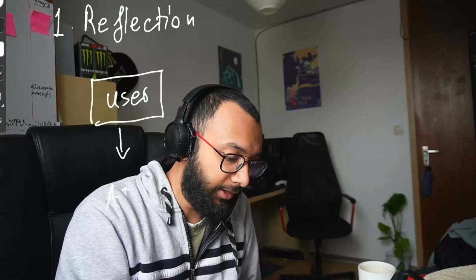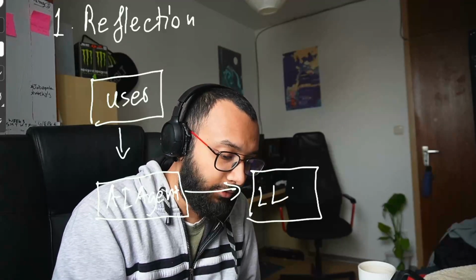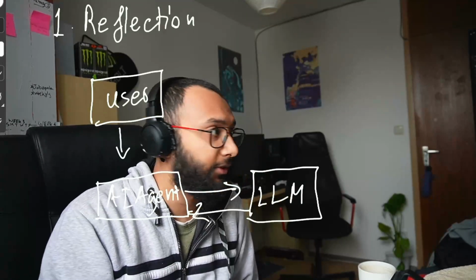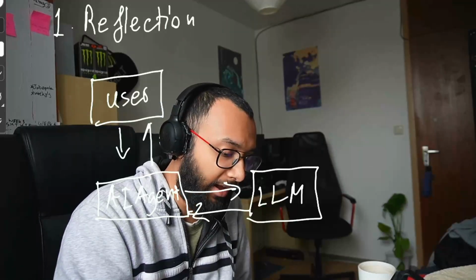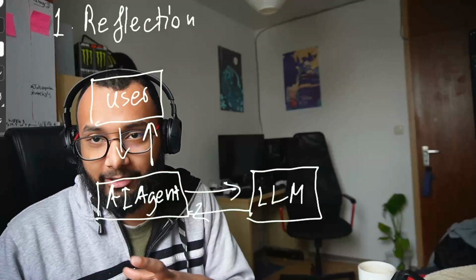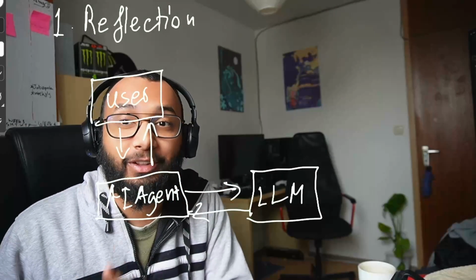Firstly, the first pattern is the most common, and it's not actually considered an AI agent pattern, but we should go through it because you should know it. It's called reflection. When the user sends some kind of query to an AI agent, the AI agent talks to an LLM and the LLM responds with something, and the same thing is reflected back to the user.